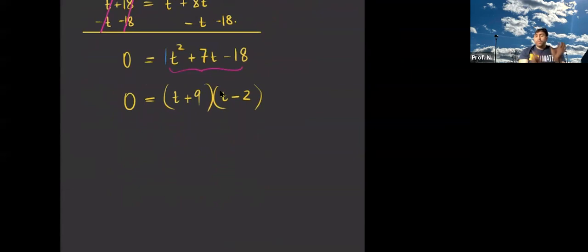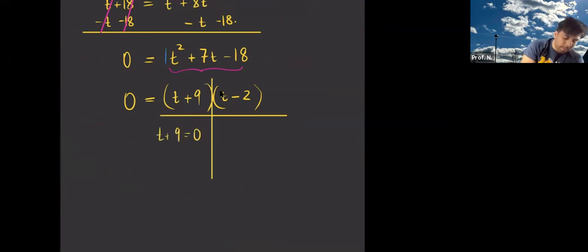So now look what we have. Two terms multiplied with one another gives me 0. So then I know that I can do this little t chart and say, well, then it has to be that t plus 9 equals 0 or t minus 2 equals 0, one or the other. So I know that t equals negative 9 and t equals positive 2.